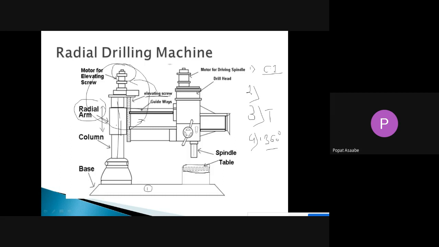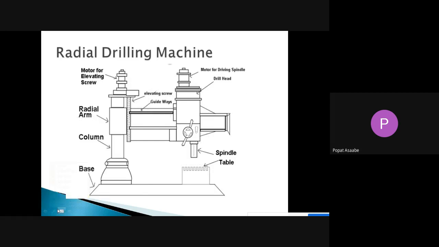Then the next part is the drill head. This portion is called the drill head. You have to remember that the drill head is again mounted on this radial arm. See, this is the radial arm, and on that radial arm we have mounted this drill head.